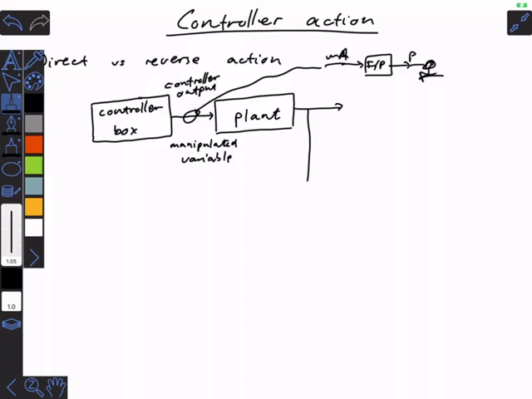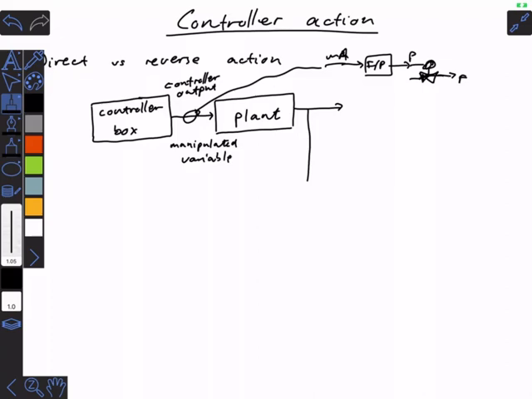Typically a valve in chemical engineering, and that valve would actually be changing a flow rate, and that may be the thing that we actually call the manipulated variable, maybe a flow into the process. But from a very high zoom, the controller affects the plant, right?